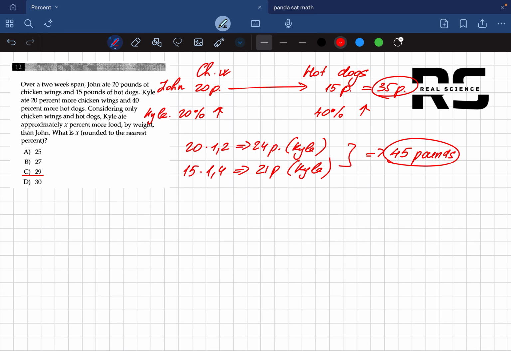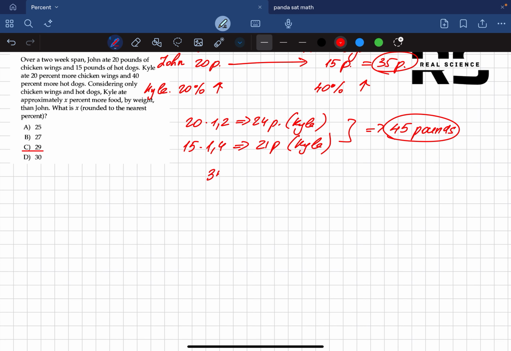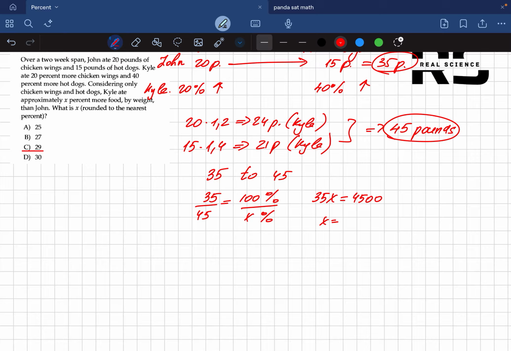And now we need to compare 35 pounds to 45. So 35 would be our 100%. Let's make up a proportion, and 45 would be just X%. Let's cross multiply. 35X is equal to 4500, and X is equal to 4500 divided by 35.